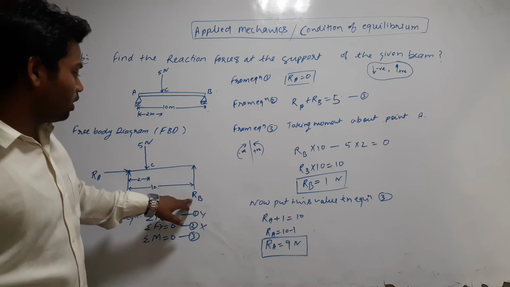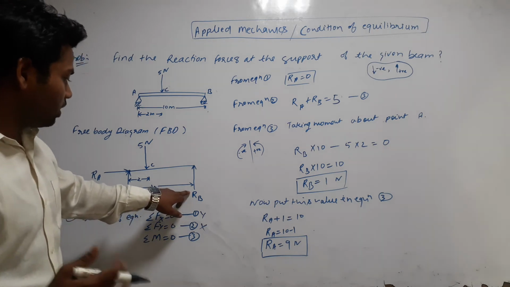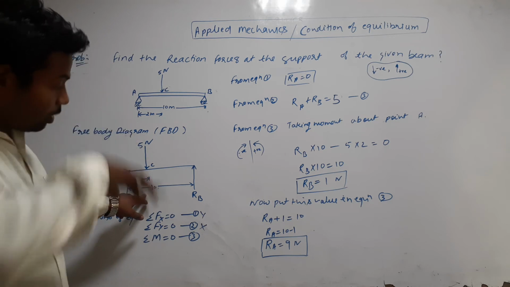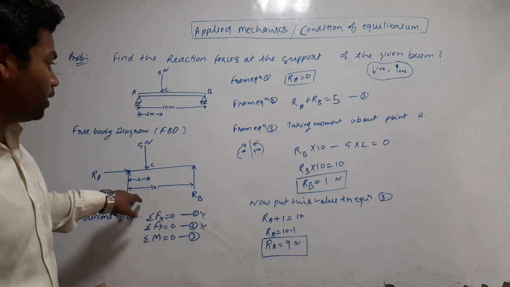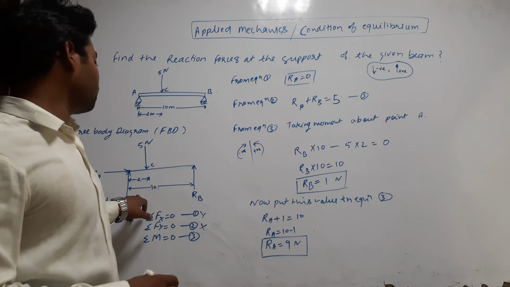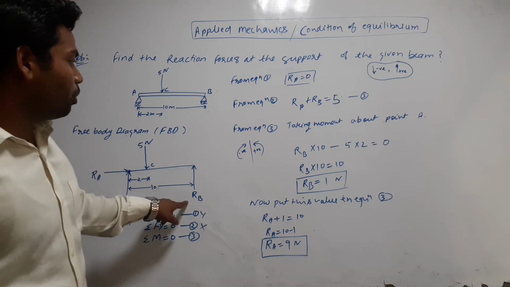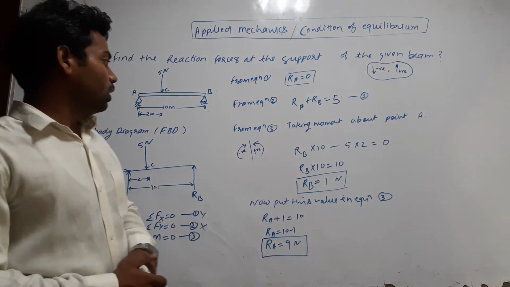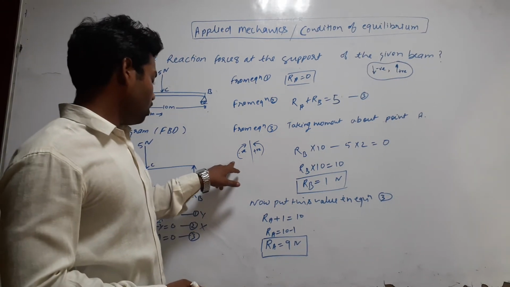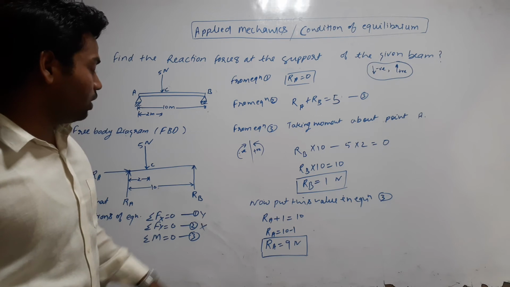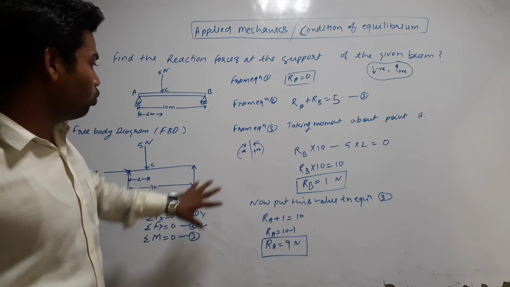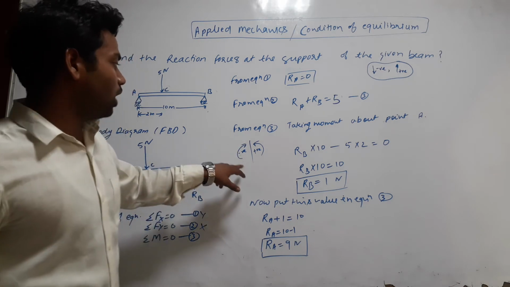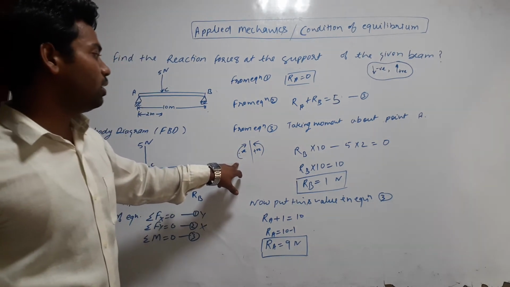So RB, and what is the distance from that point? 10. So RB and the perpendicular distance to the point where you have taken the moment is 10 meter. So RB into 10. Again, sign conventions you have to look for. The sign convention I have taken: if the moment is trying to rotate that beam in the clockwise direction, I have taken it as negative moment.